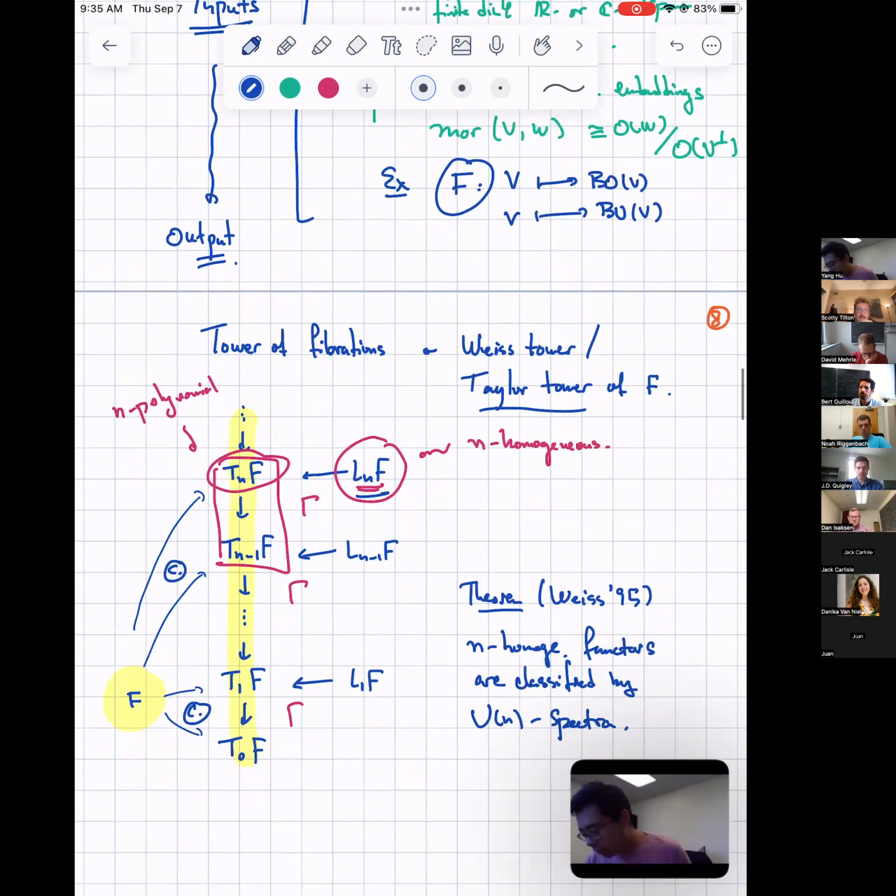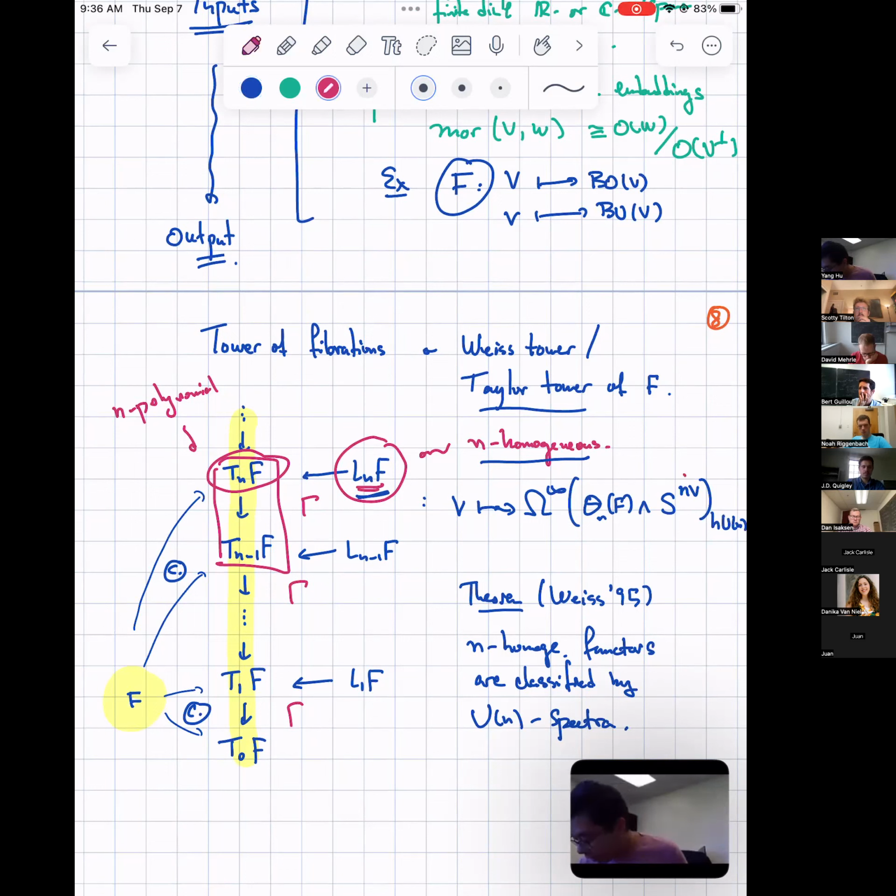And now this nth layer, as an example of an n-homogeneous functor, has to be of the following form, according to the theorem of Weiss. It has to send a vector space V to the infinite loop space of the classifying spectrum, let's denote that by Theta_n of F, smashed with S^{nV}, and then take homotopy orbits by U(n).